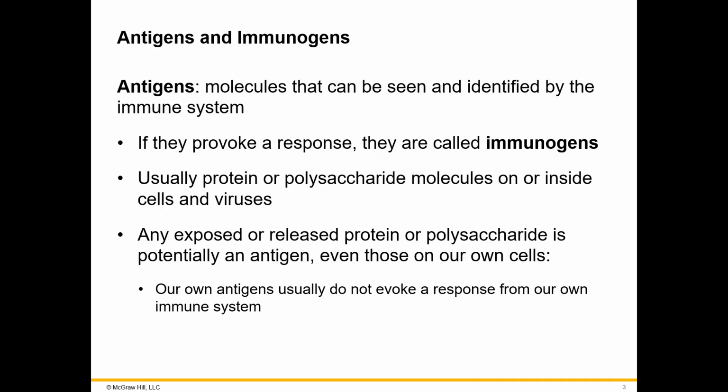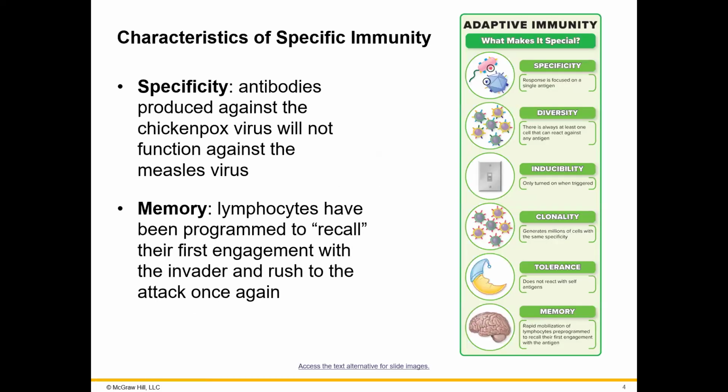Like I said, even those in our own cells. So our own cells normally do not provoke a response from our own immune system. And that's the way we want it. If there was a response being provoked, we would call that an autoimmune issue or autoimmune problem.